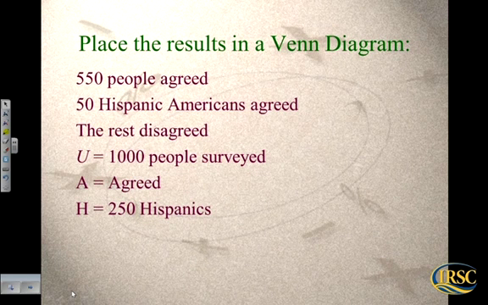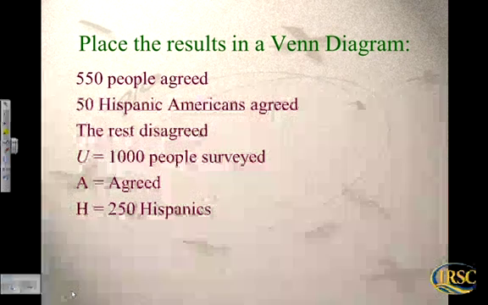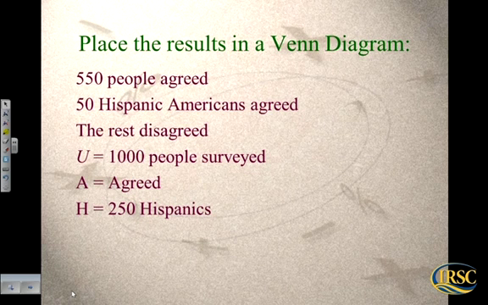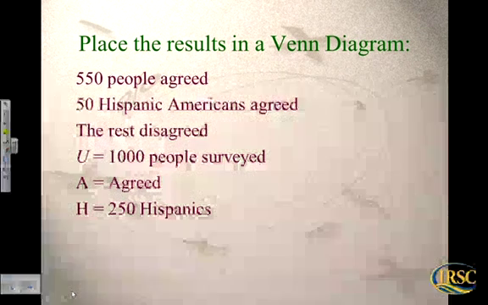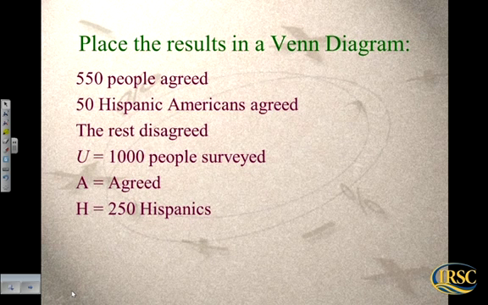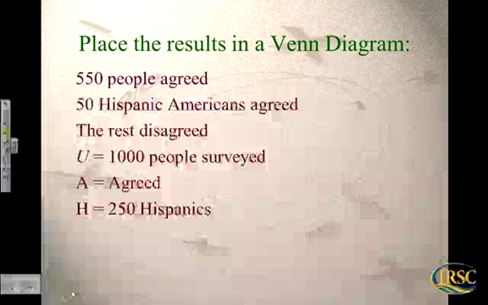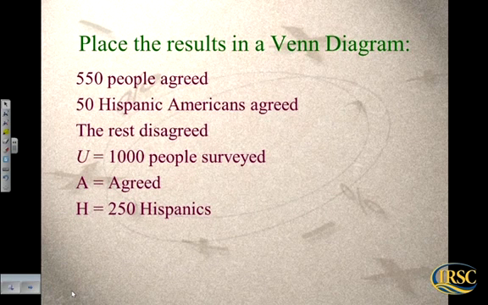So we have a circle for Hispanics for our H, and if you're not Hispanic, then you are outside that circle, right? So you're either Hispanic or you're not Hispanic. Okay, so how many circles do we need inside of our universal set? 2, because you need one for the A and one for the H.